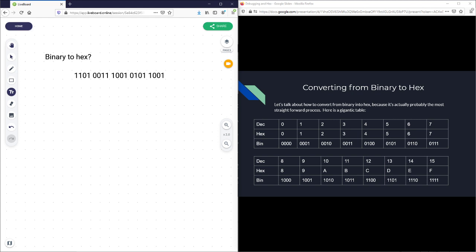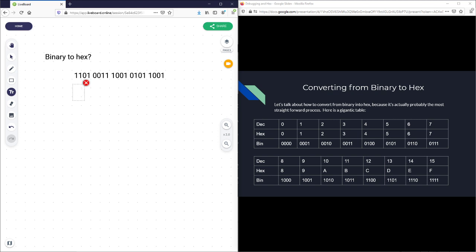Let's convert this into hex. It's exactly the same process. You use the table, except in this case, instead of going from hex to binary, you go from binary to hex. So 1101, as it turns out, is D.